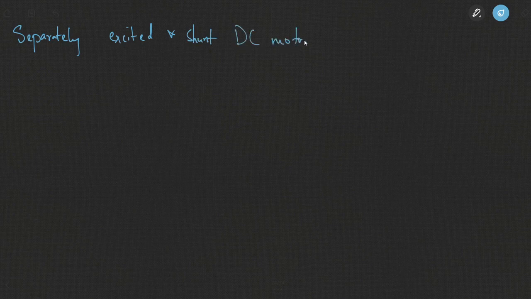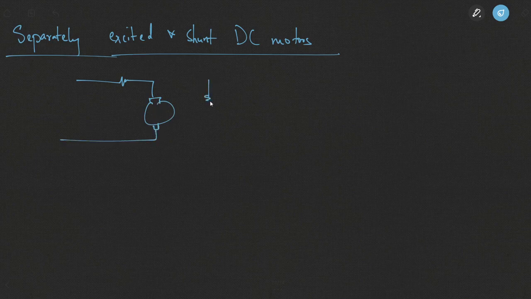Now let's start with the separately excited and shunt DC motor. We'll be studying both of these together because their torque speed characteristics are more or less similar. As I said to you, a separately excited DC motor will have separate field windings, so you can simply show it using the equivalent circuit of the DC motor that we just drew.